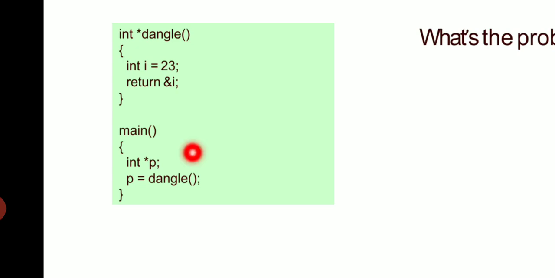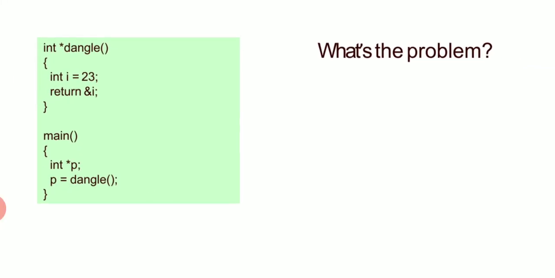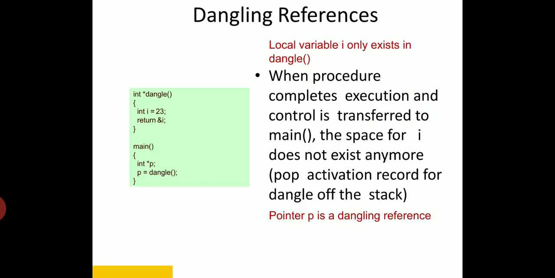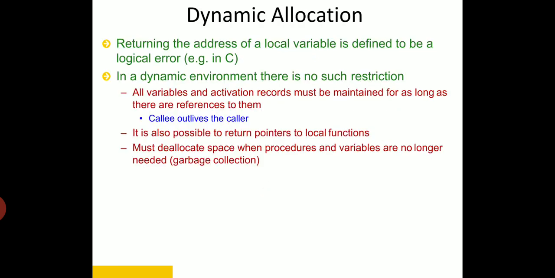So pointer p is not pointing to an active location of i. At this time the location for i will not exist, so it becomes a dangling reference. When the procedure completes execution and control is transferred to main, the space for i does not exist anymore. Pointer p is a dangling reference.